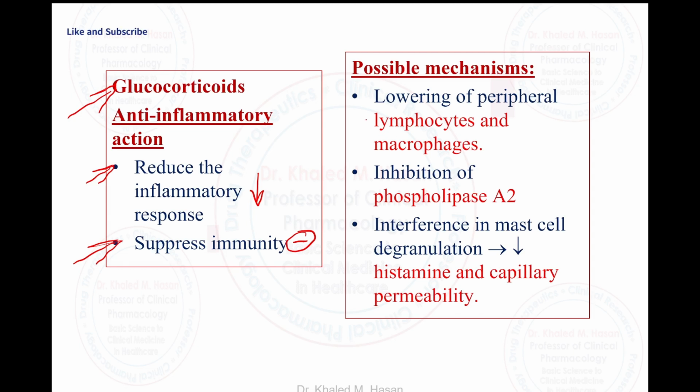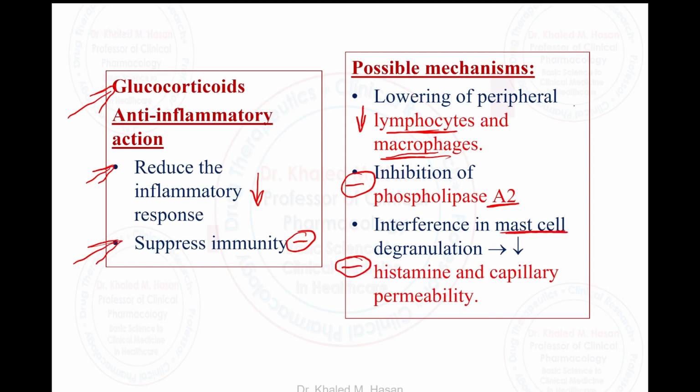Number one, we know that glucocorticoid lowers macrophages and lymphocytes, the two main cells responsible for inflammation and infection. Cortisone inhibits phospholipase A2. Cortisone interferes with the mast cells and inhibits degranulation, decreasing histamine release and capillary permeability.